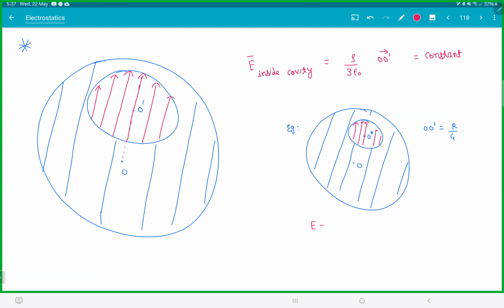So the field is rho by 3 epsilon, the length OO dash is R by 4, and the direction is the OO dash unit vector. So it actually depends on the distance between the two centers. You can take any point in the cavity, but the field eventually will depend on the distance between the centers. So you have to multiply with the magnitude. Don't just think rho by 3 epsilon; it is rho by 3 epsilon into the distance between the centers.